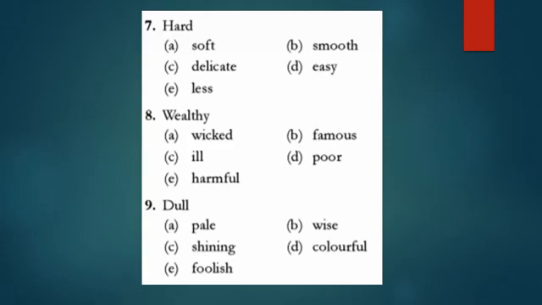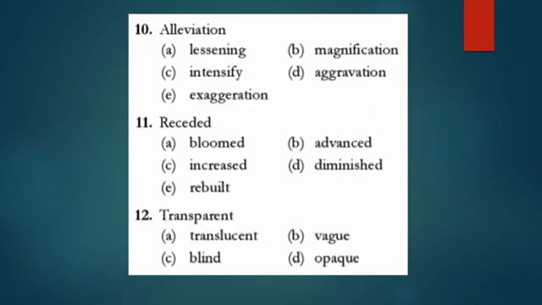Hard: soft, smooth, delicate, easy, less. Wealthy: wicked, famous, ill, poor, harmful. Dull: pale, wise, shining, colorful, foolish. Alleviation: lessening, magnification, intensify, aggravation, exaggeration.